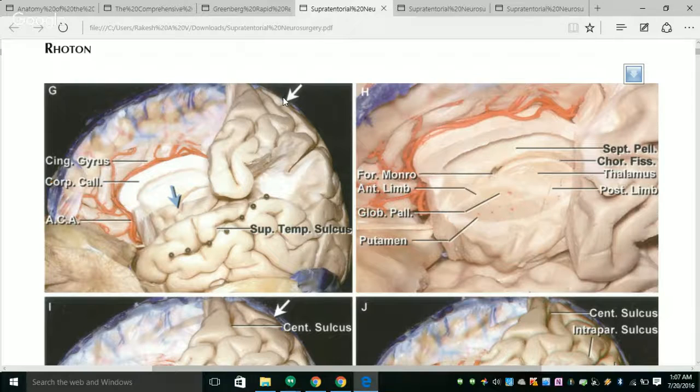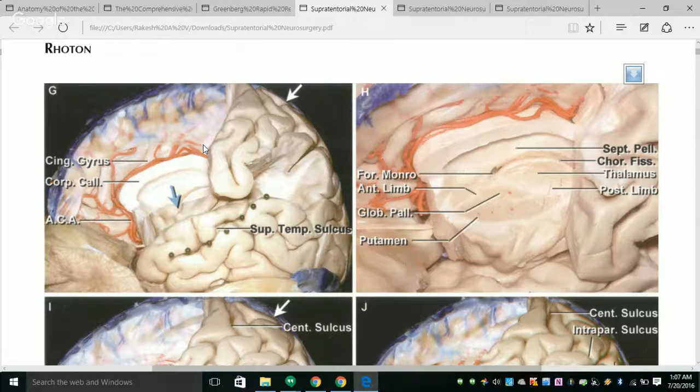It is not visible here, but it is described as continuing on the medial aspect of the hemisphere. We will see this on some of the next slides.